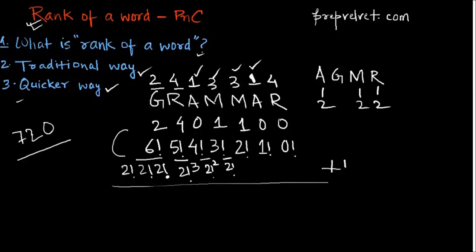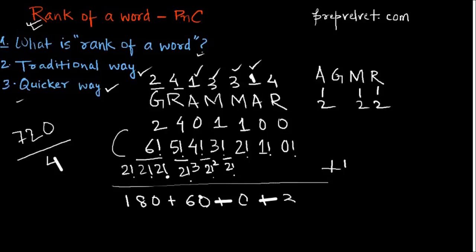720 divided by 8 into 2, that is 4, which gives us 180. Similarly 5 factorial by 8 into 4, which gives us 120 by 2 or 60. 4 factorial into 0, 0, plus 3 factorial by 2 factorial, which gives us 3.